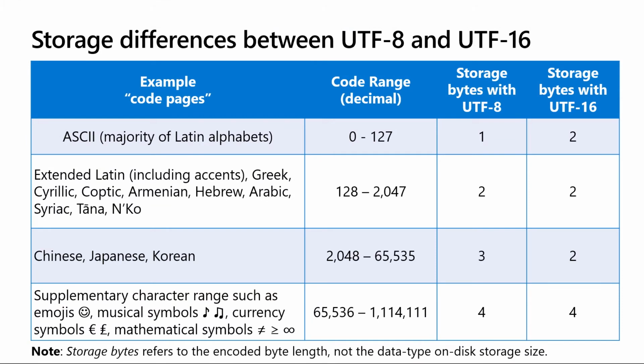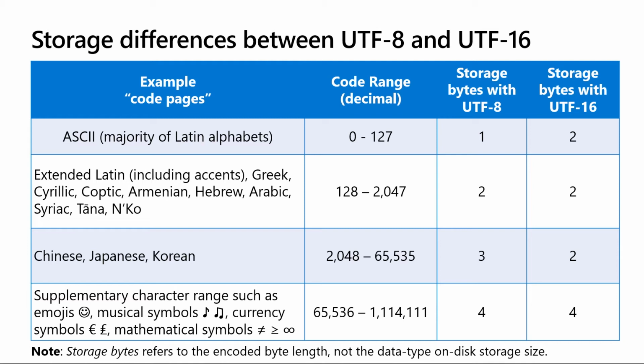What are the storage differences between UTF-8 and UTF-16? Let's look at just 2 examples. The ASCII range, which is from 0 to 127, can represent most of the characters in Latin alphabets. If you look at the storage aspects of this, you see that UTF-8 will be able to store each character of the ASCII range using just 1 byte, whereas UTF-16 will use 2 bytes.